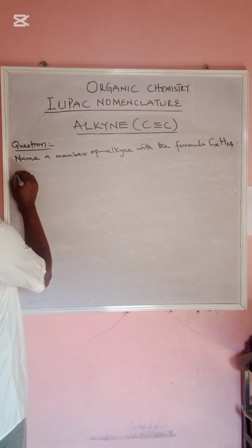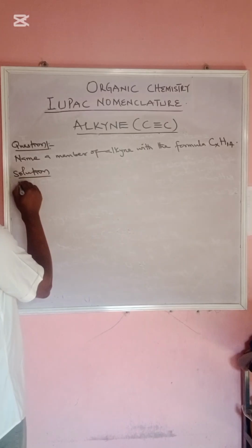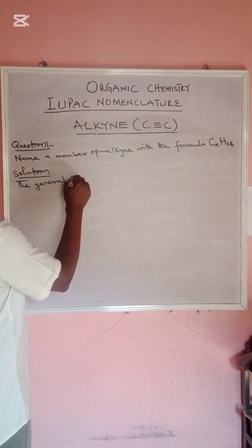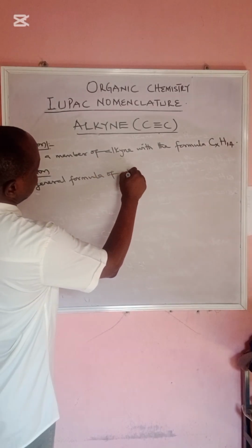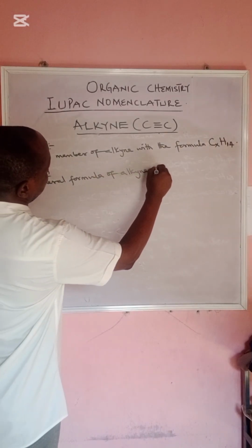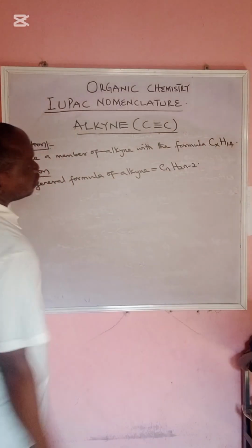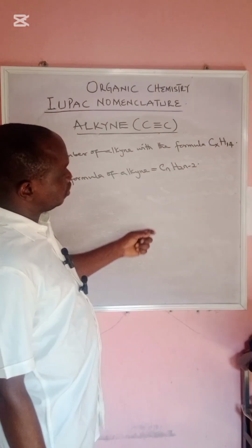Solution. That's question 1. The general formula of alkynes is CnH2n minus 2. The one given is x, we don't know it, so we need to look for it.